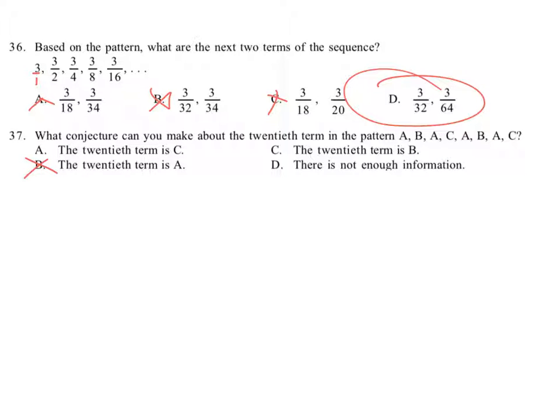A is always odd. Now, the other two letters are B and C. Where do they land? Well, B lands in the 2nd, 6th. What happens to C? The 4th, the 8th. What do you know about the C values? 4, 8.